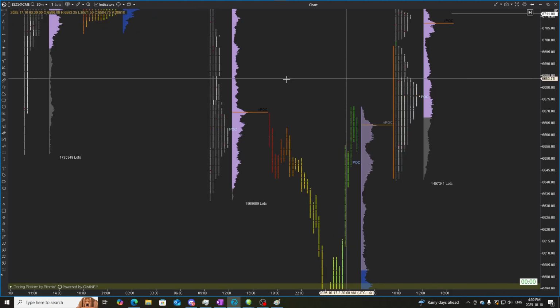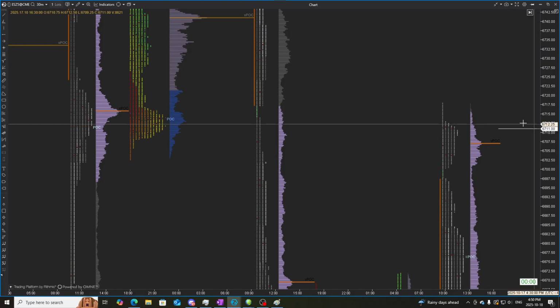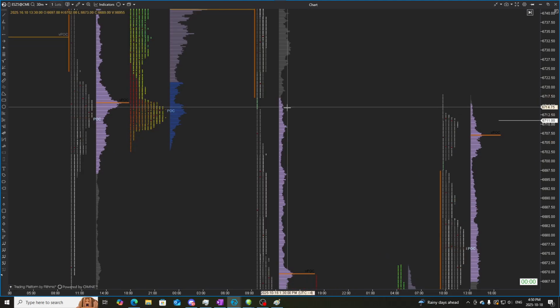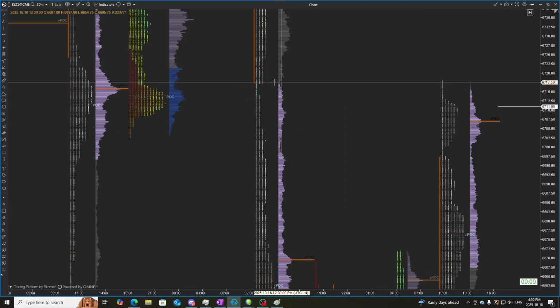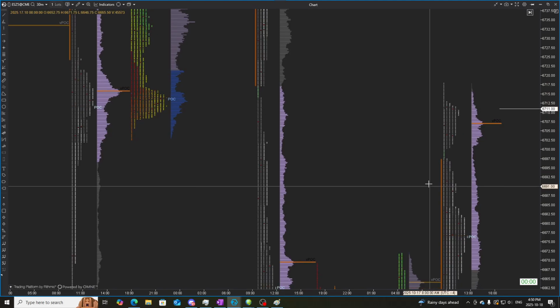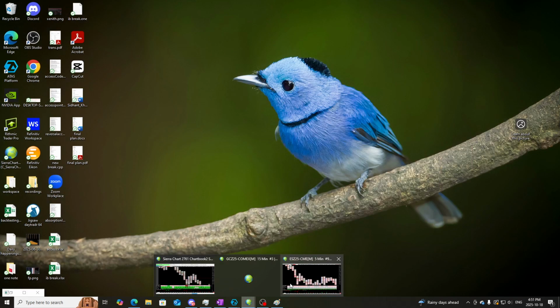So as we can see here, we have got a low volume area. Okay, so our main play would have been accessing this, means to either get before reaching here towards this area, or to take a trade after this area has been accessed. Okay, so now let's see what happened on 15 minutes.